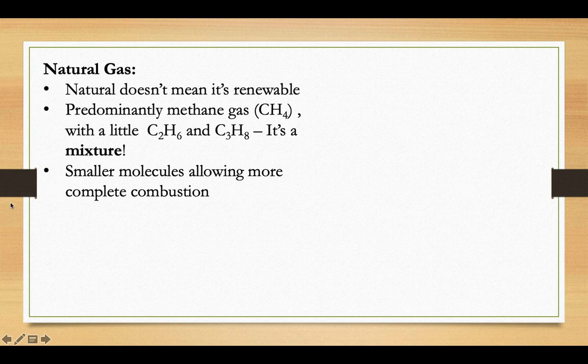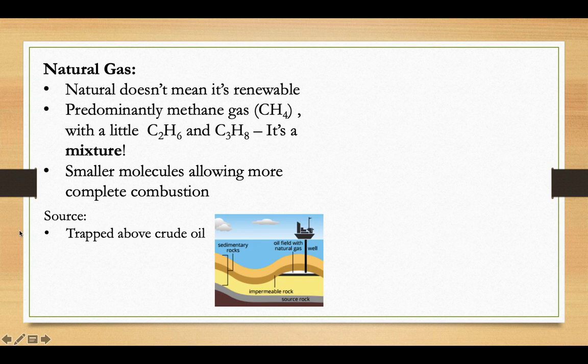Smaller molecules of natural gas allow more complete combustion, so it is better to use natural gas than coal. In terms of sources, it is trapped above crude oil. You can see the oil flows at the bottom, and this is the place where there are little bubbles, and that's natural gas.